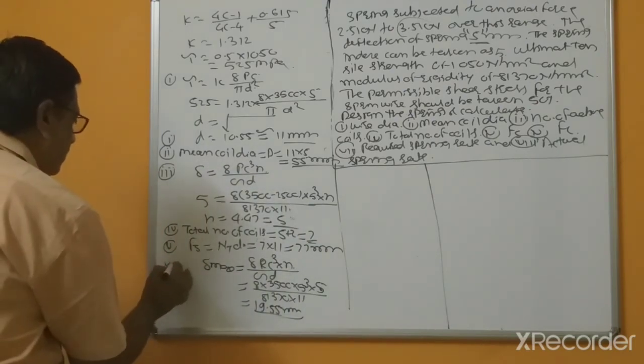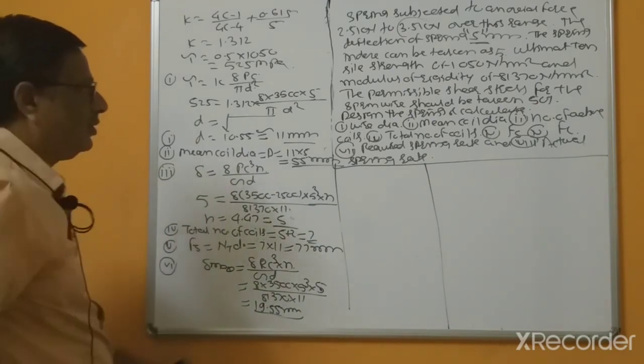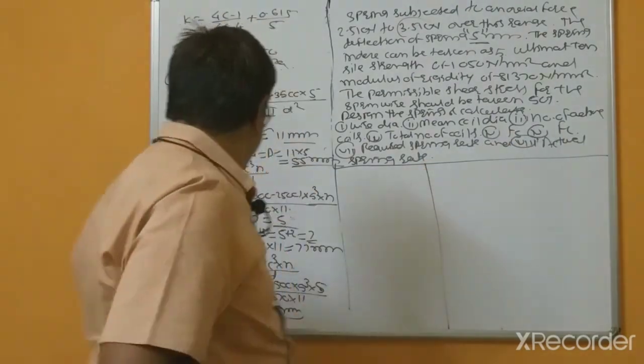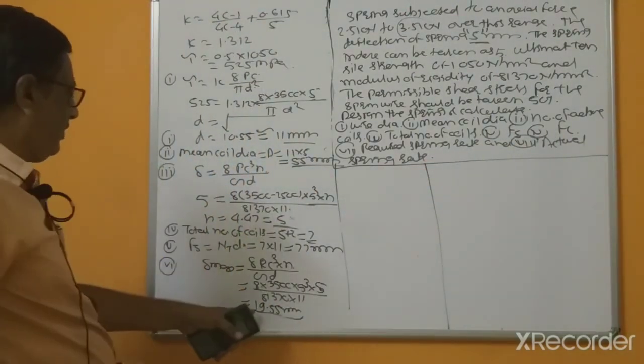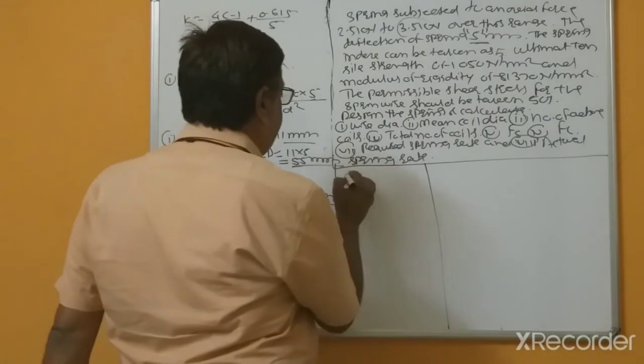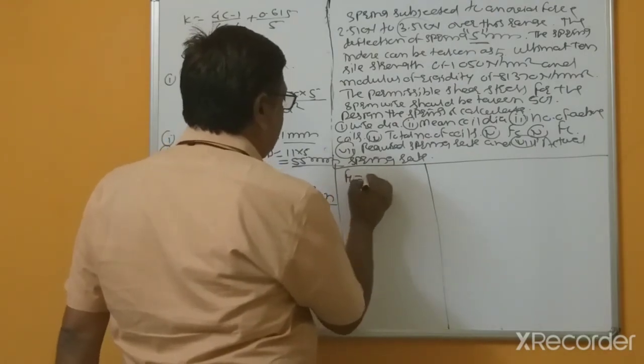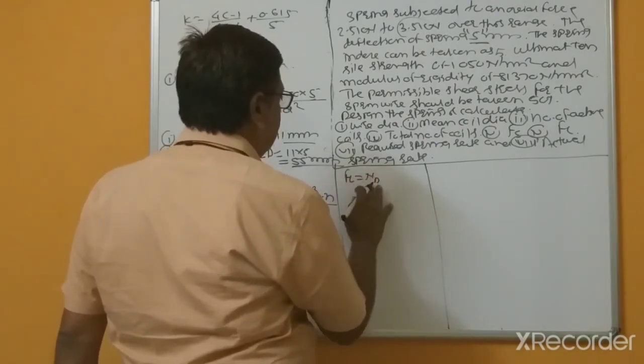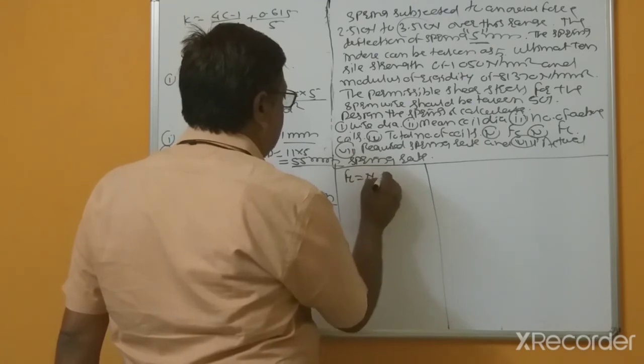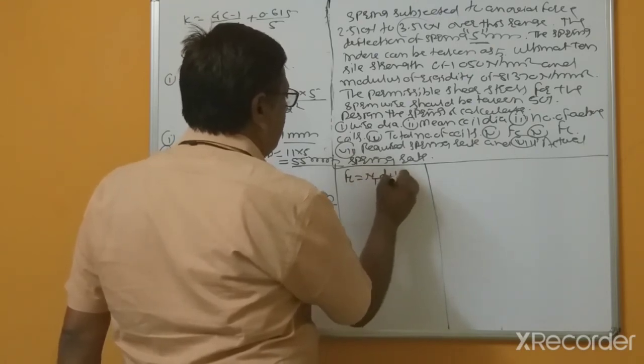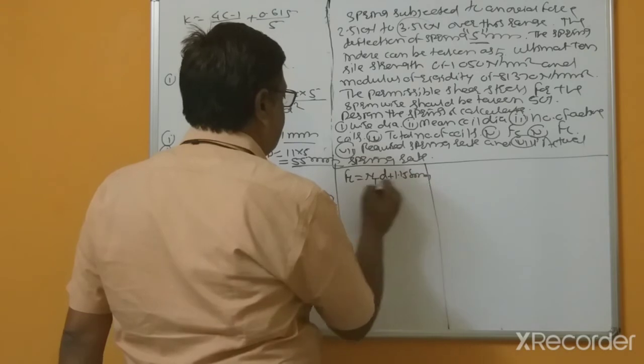Now this is 6th bit, free length. So free length equal to, what is formula? NT into D plus 1.15 delta max.